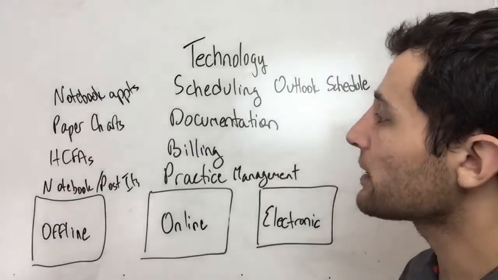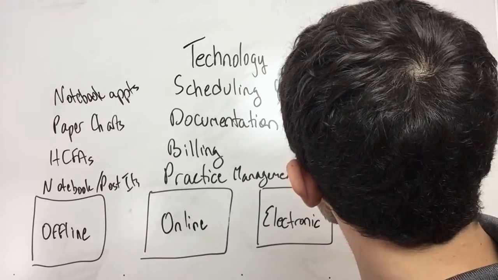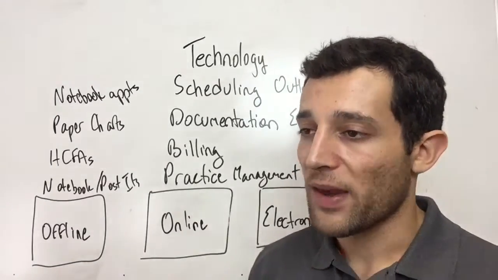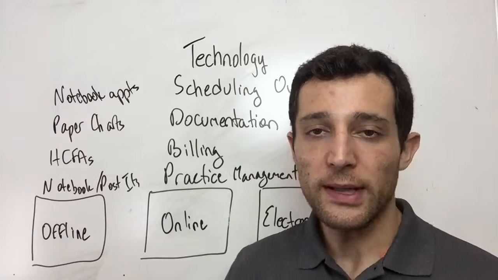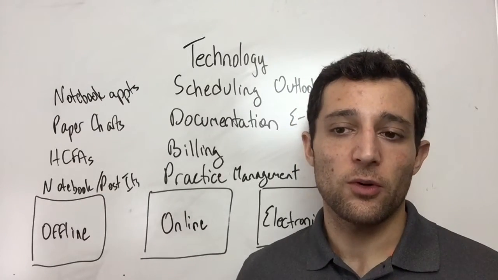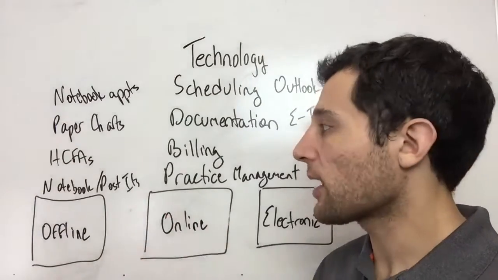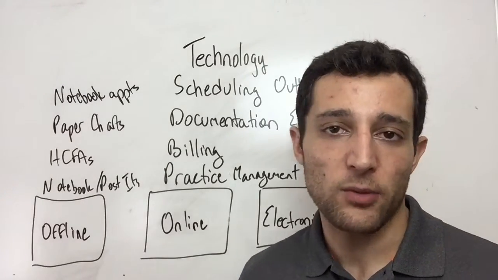Then for documentation, you might have what we'll call electronic templates or e-templates. That's where you're basically typing into a form on a computer, and that form then gets printed out or saved to a patient's file electronically, or it gets printed out and put into a manila folder if you're looking to back things up manually.